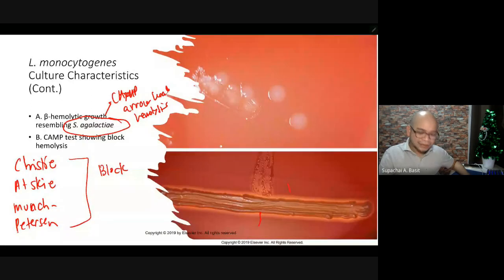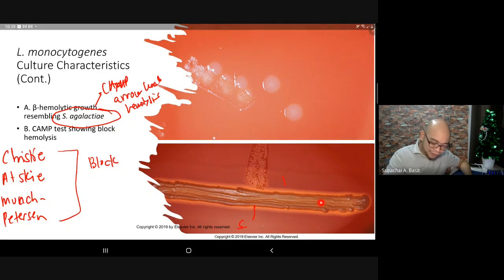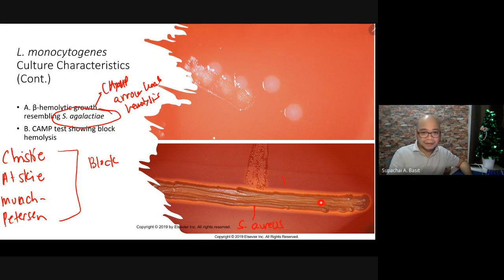So what is a CAMP test? The CAMP test is the perpendicular growth of Listeria monocytogenes beside the colonies of S. aureus. This is Staphylococcus aureus, and this is Listeria monocytogenes. Notice that when they are together, the junction in between them is the block hemolysis.